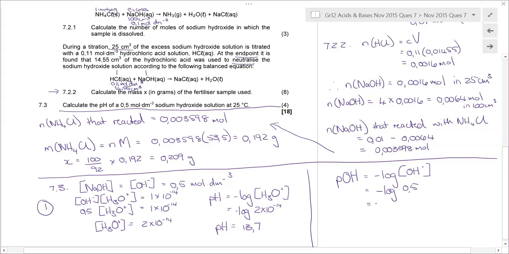And this is going to give us a value of 0.3. So your pOH value is 0.3. They asked for pH. You just subtract the pOH from 14 and your answer is 13.7, which is exactly what we got in option 1. So you can use either of these two methods. Use the one that your teacher prefers.